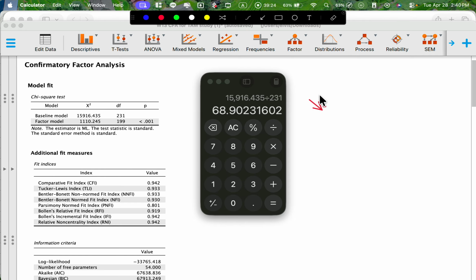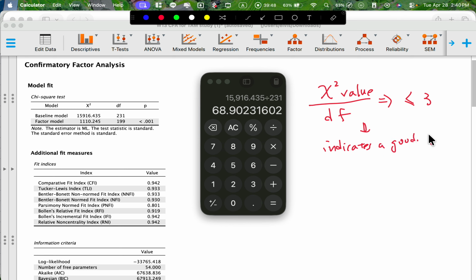Okay, let me try this one again. Chi-square value divided by degree of freedom. Some researchers report this. If this number is less than or equal to 3, it indicates a good fit of the measurement model.